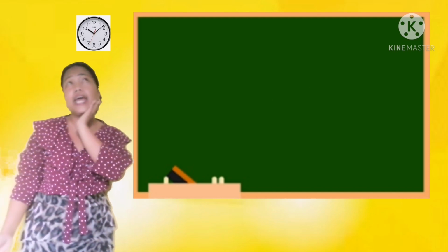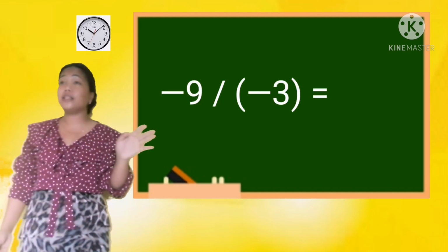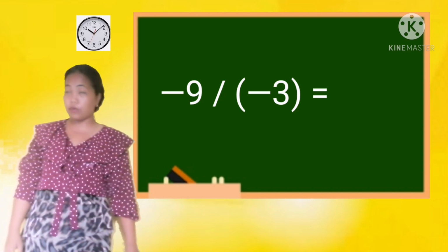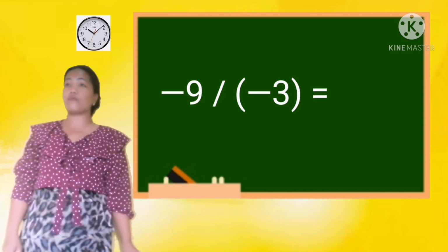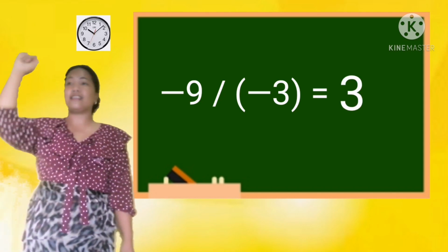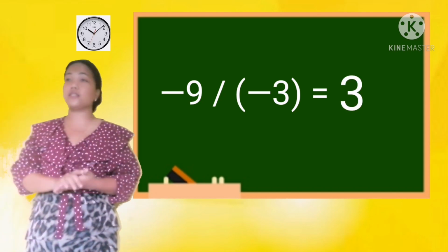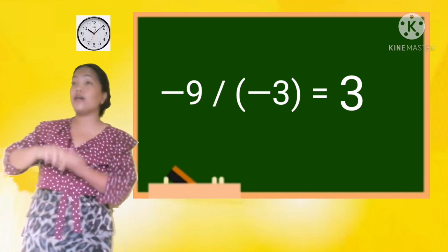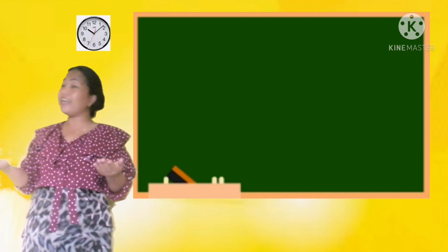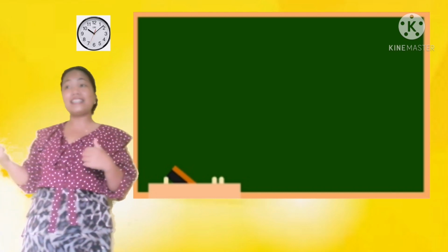If I say negative 9 divided by negative 3, what is the quotient? Yes, very good. That's positive 3 because they have like signs. Do you understand, class?